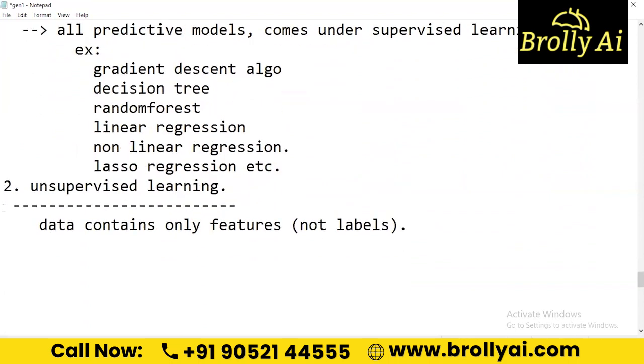But in unsupervised learning, the data does not contain labels. It contains only the features. Okay. So here, all clustering algorithms or clustering models come under unsupervised learning.